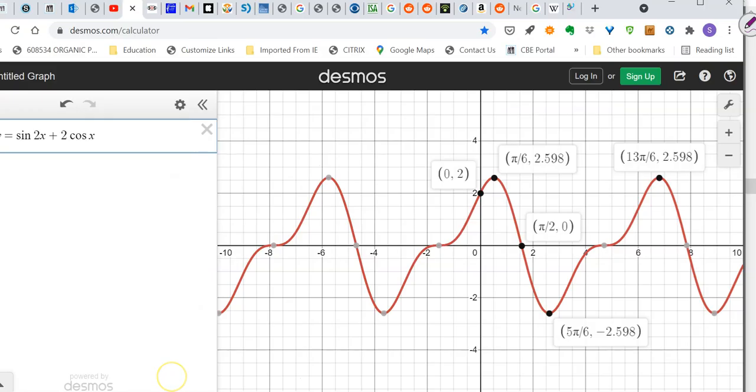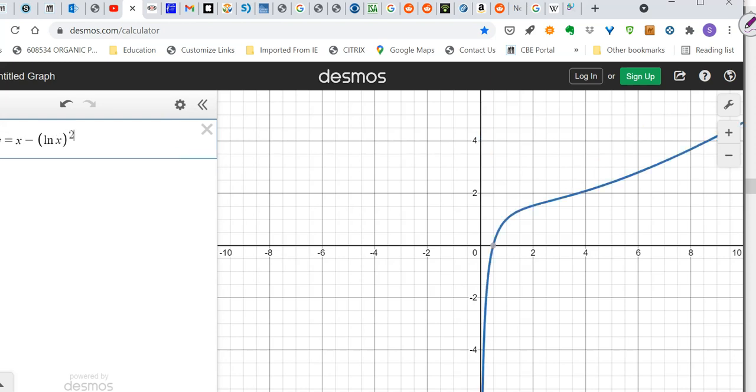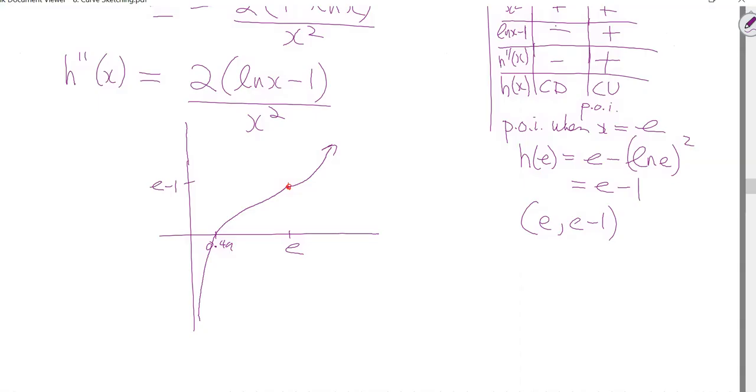What is it? x minus ln x, squared. There we go. Or e, and then that would be e minus 1, like 1.78, 1.8. There's your 0.49, apparently. It should have been 0.5, but who knows? We don't know what it was exactly. All right, now we're done.